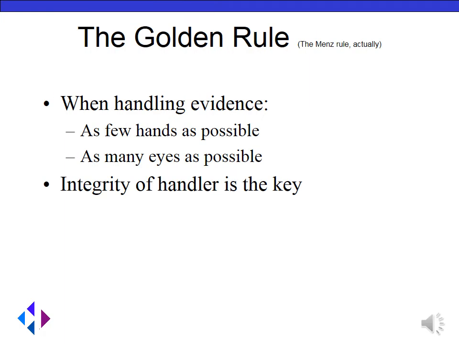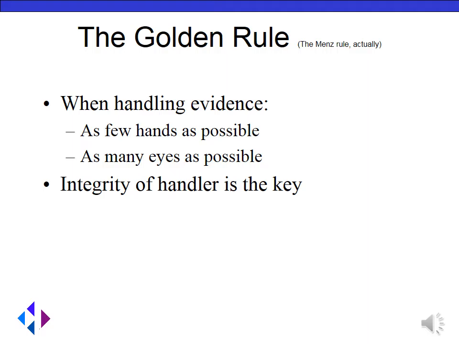So what is the golden rule? Well, it's actually a men's rule, but we'll set that aside. When handling evidence, remember, as few hands as possible. And I mean handling. Someone may spot it and say, hey, this could be evidence. Whoever physically touches it is what the chain of evidence really is about. So, few hands touching.